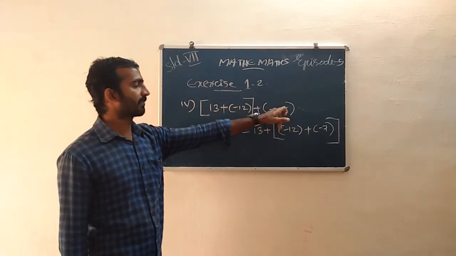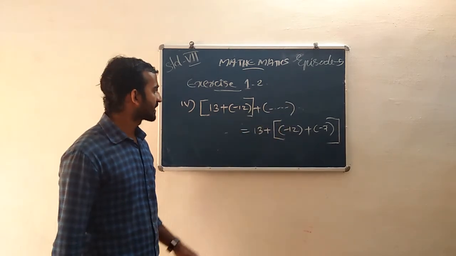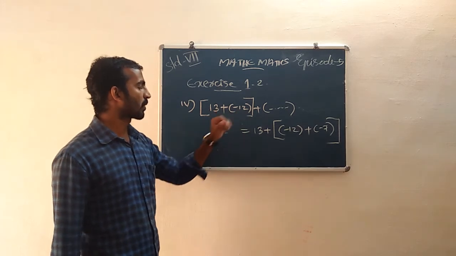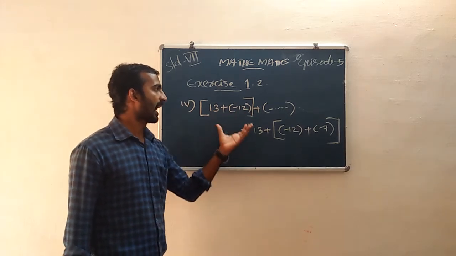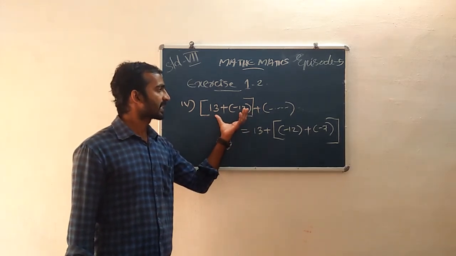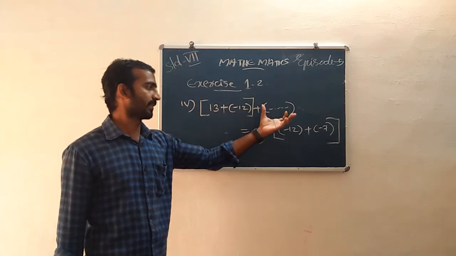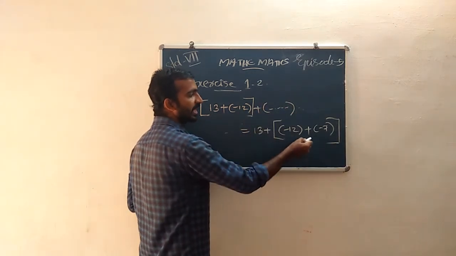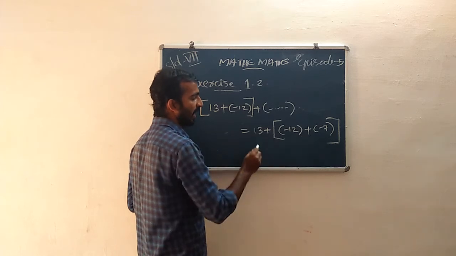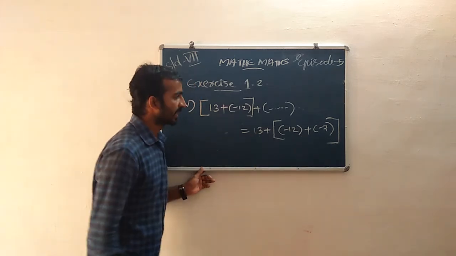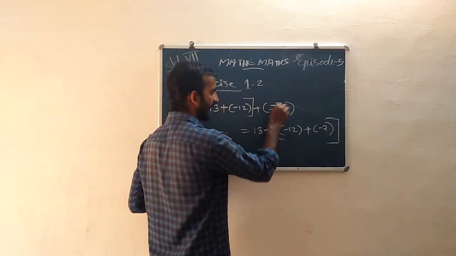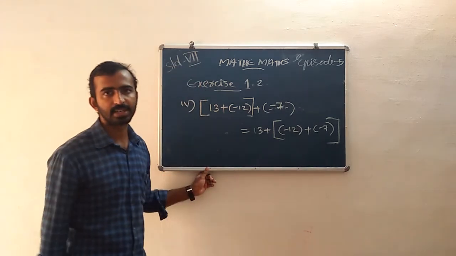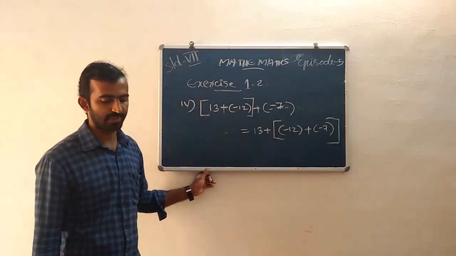What is the integer here? We can see here that we add 13 and negative 12 first, and the answer is added to something. Here we add these integers, we get the answer, then add to 13. Here it must be negative 7.